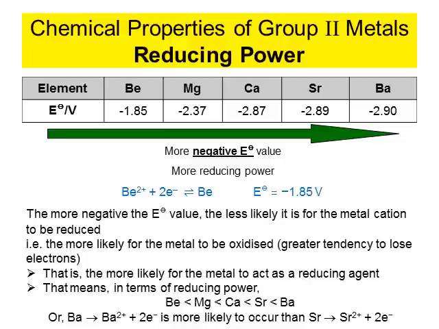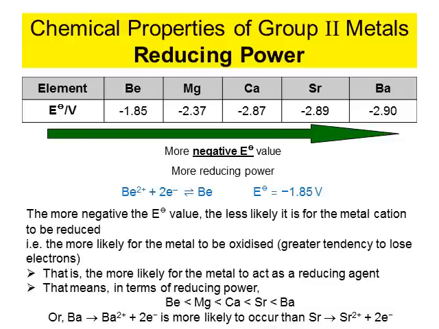So, in terms of reducing power, that is, the likelihood for the metal to become metal 2+ and also give up electrons to reduce something, we mean to say that beryllium is weaker than magnesium and so on and so forth, with barium being the strongest reducing agent.